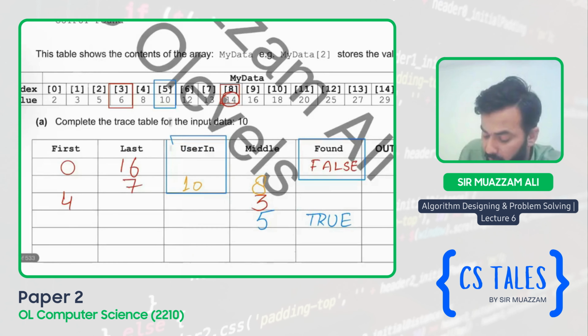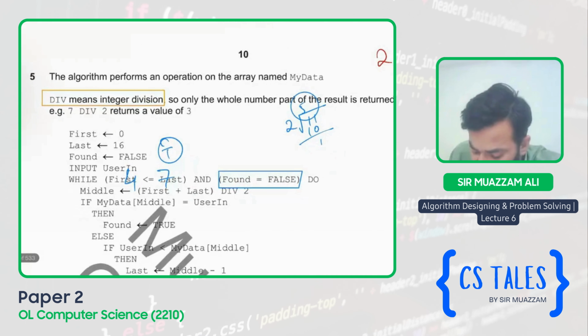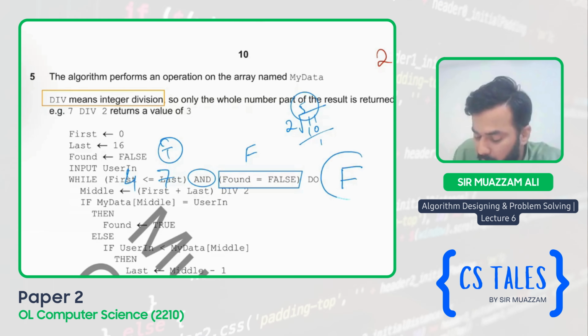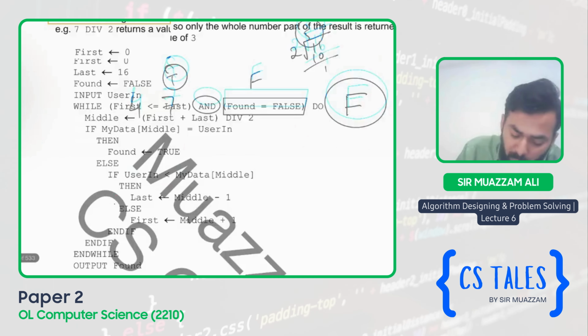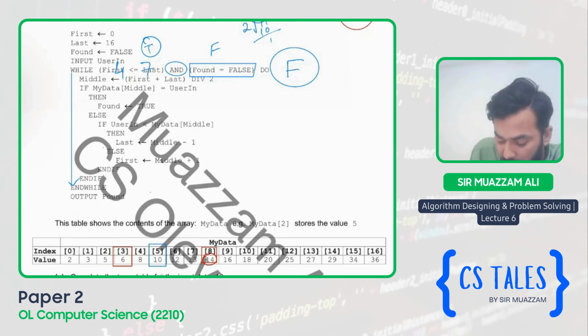No. Found is equal to true now. It means this condition is going to be false. Whenever you have one condition true and the other false, using the AND operator, your overall condition is going to be false. It means your loop will stop. End while.